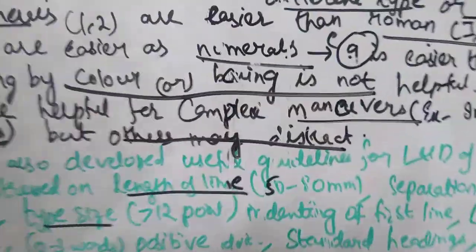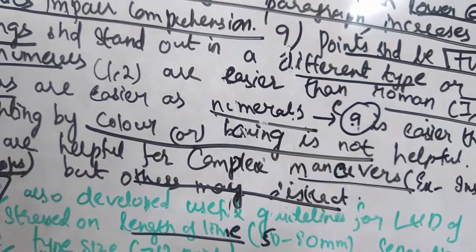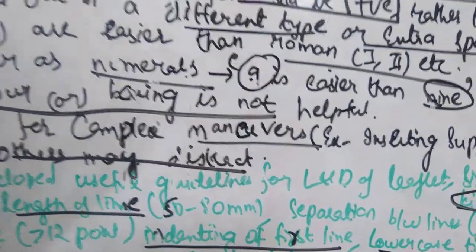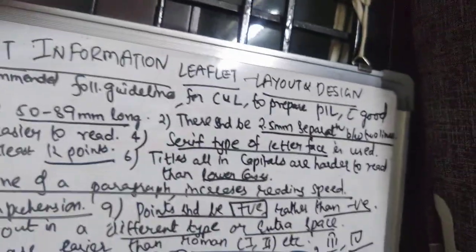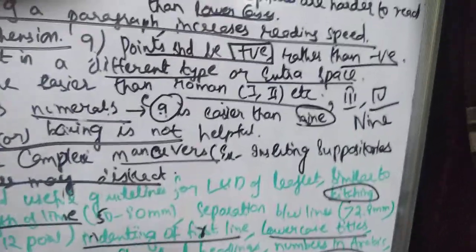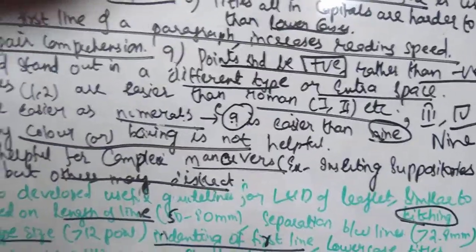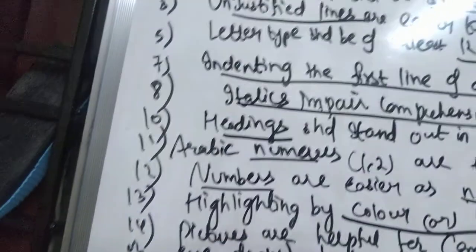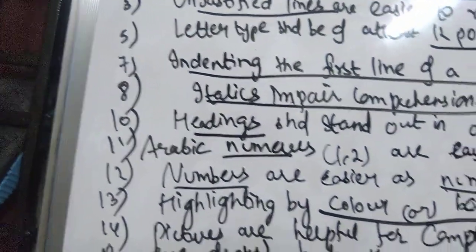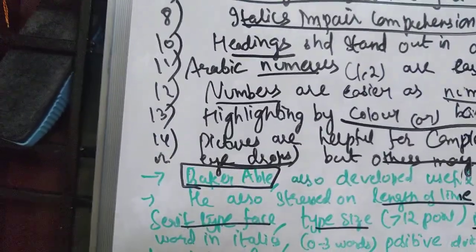And indenting of the first line, indenting is highlighting, right? Next, lowercase titles, so total capitals should be avoided. Titles all in capitals are harder to read, right? So indenting of the first line, then use of lowercase letters, then words in italics. He has said that words should be written in italics. Then 0 to 3 words give a positive advice.